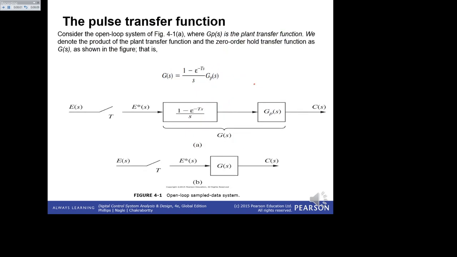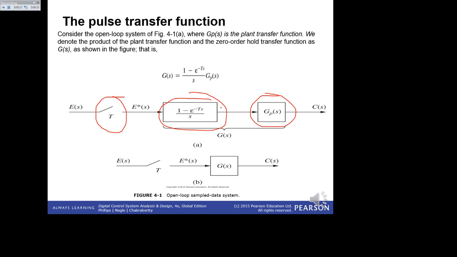Okay, now let's look at the pulse transfer function. Consider the open loop system of figure 4.1a. If you look at this open loop system, you can see that there are many components there. You have the sampler, you have the zero order hold, and you have the plant transfer function of the process.